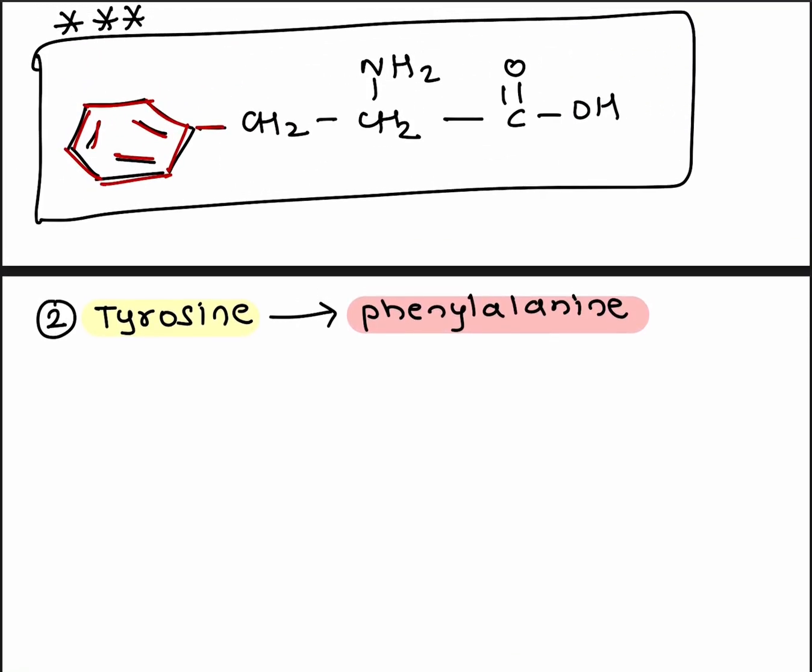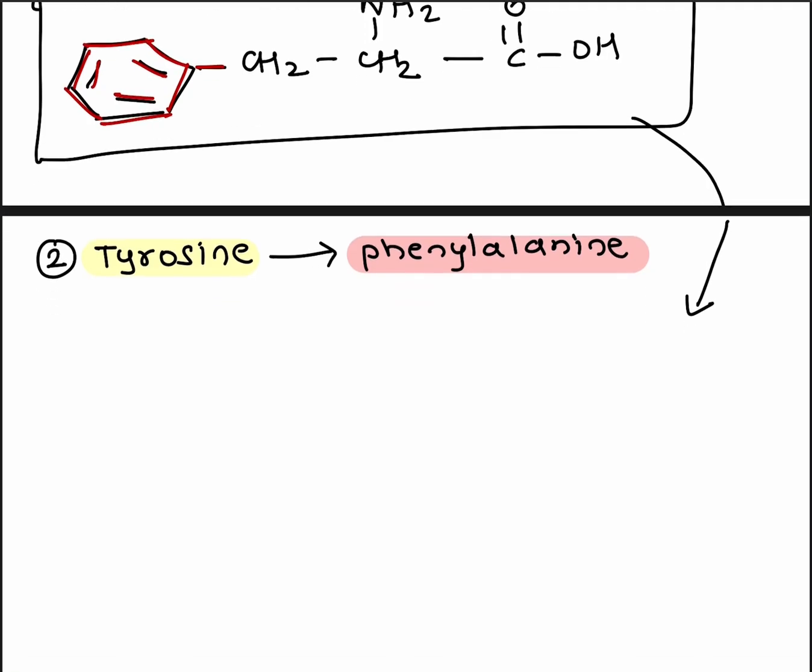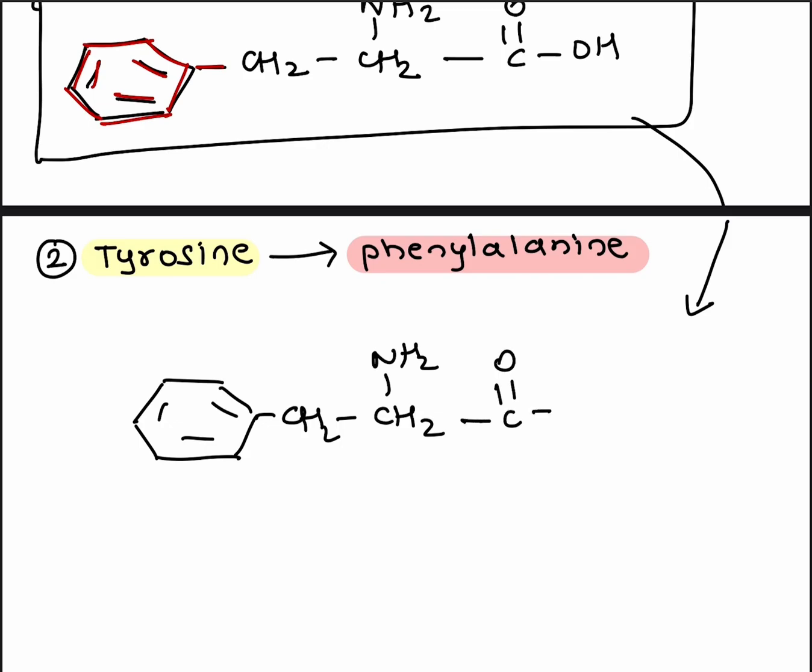Take this particular structure and draw it as it is. CH2, CH2, our amine group, and this is our acid group.